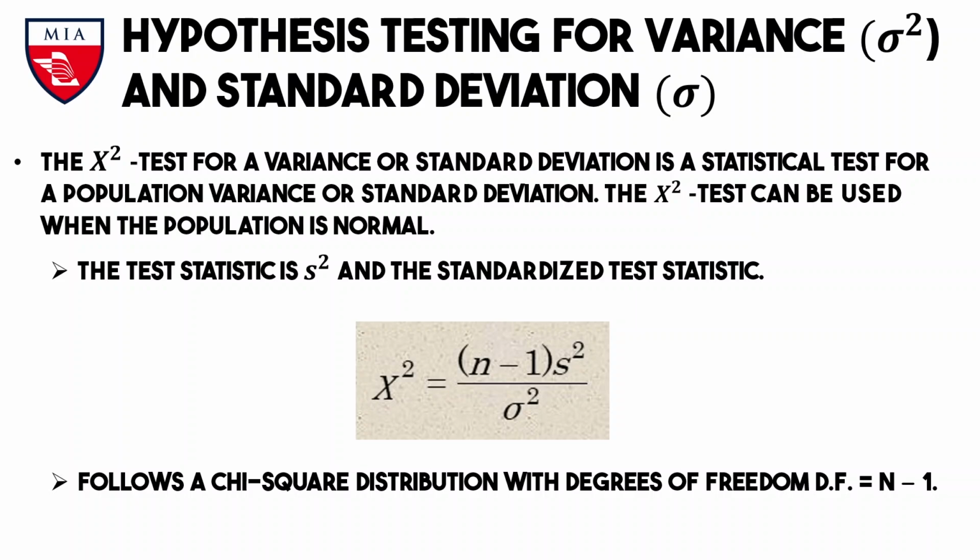The standardized test statistic is chi-square equals n minus 1 multiplied by s squared all over sigma squared, which follows a chi-square distribution with degrees of freedom n minus 1. So in terms of chi-square, we use n minus 1 as our df.